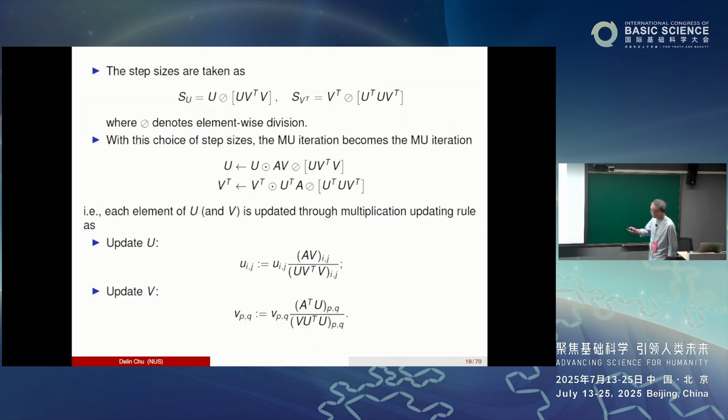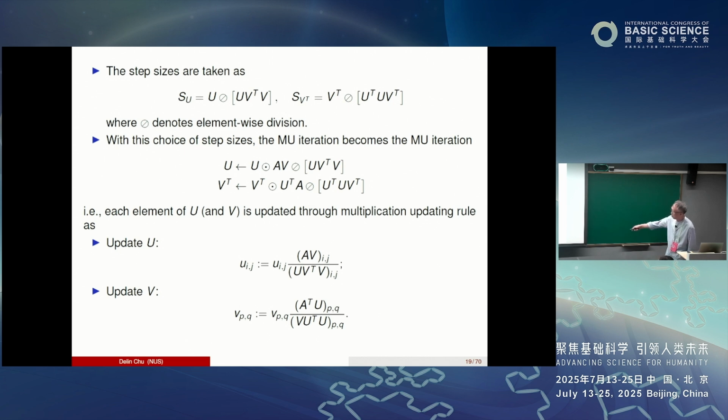Now we choose particular step sizes. This is the step size for the elements of U. This is the step size for the elements of V transpose. Now if we choose step sizes like this, then the scheme we just showed reduces to these two formulas: U_ij is updated as U_ij times (AV)_ij over (UV transpose V)_ij.